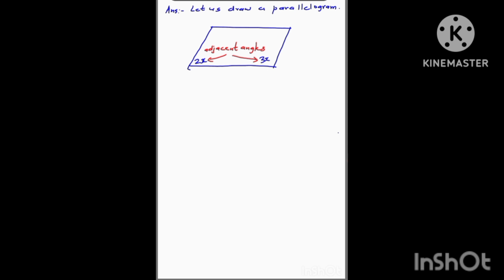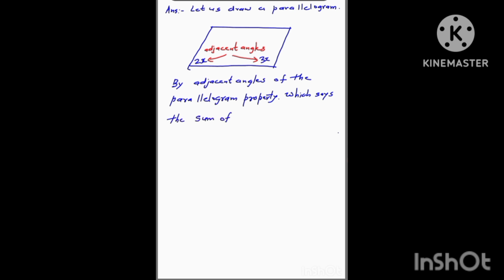So we will be using that property. Adjacent angles, read it properly. Okay, if you try many problems, then you need not memorize these properties separately. You can use them, and while using them, you will automatically remember them. Okay, so we are using the adjacent angles of a parallelogram property, which says that the sum of the adjacent angles is 180, or the adjacent angles are supplementary.